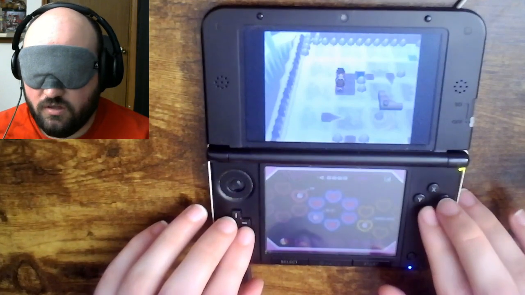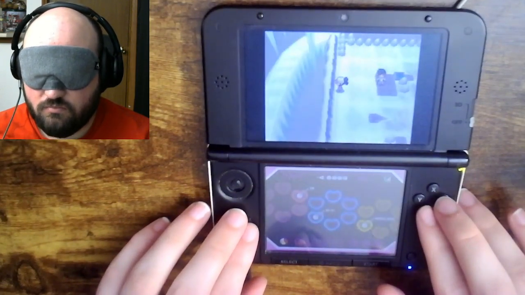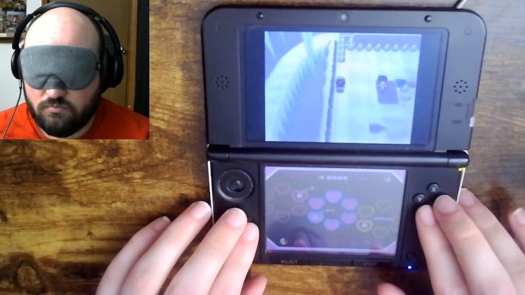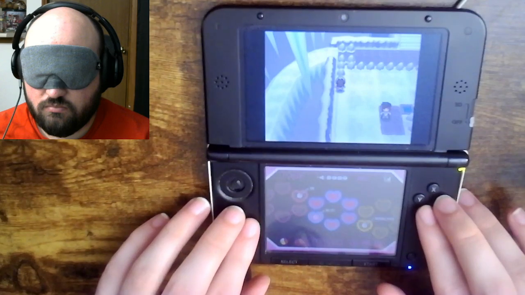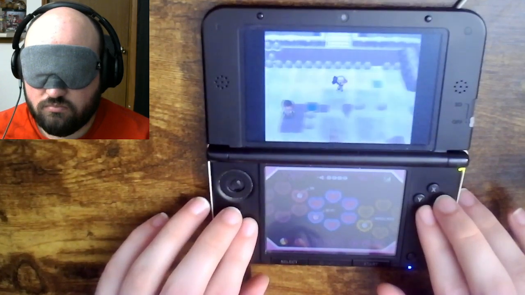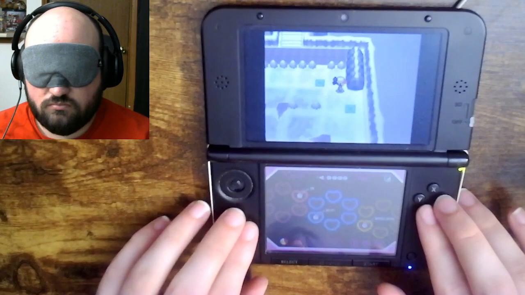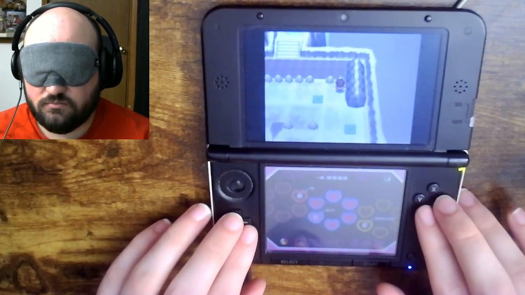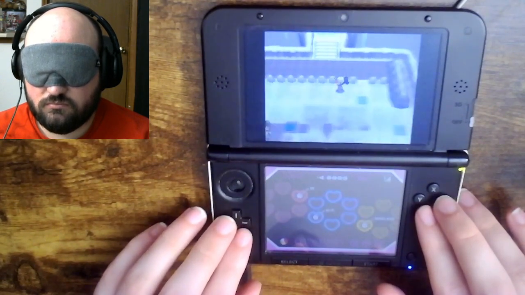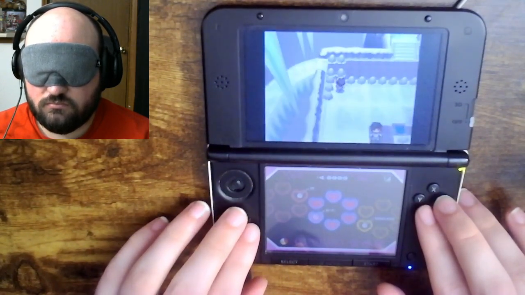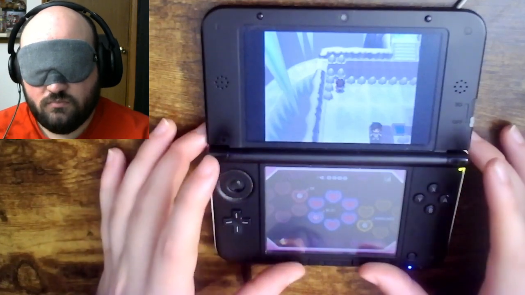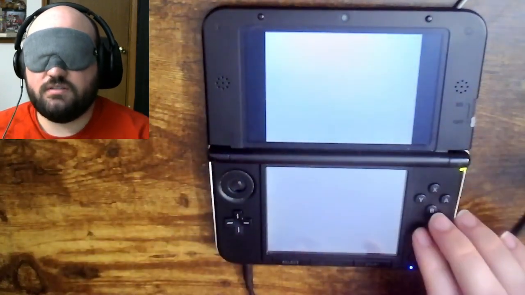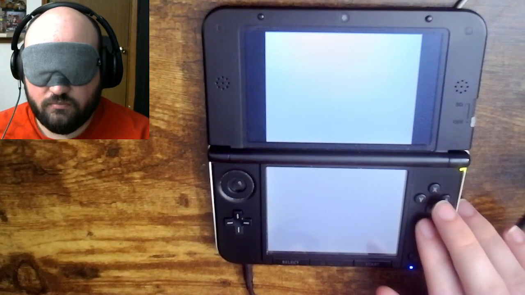I think there's a wall here? No? I'm already way away from where I thought I was. Okay, so there is not a lot of floor there.